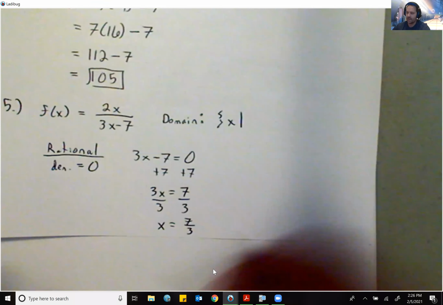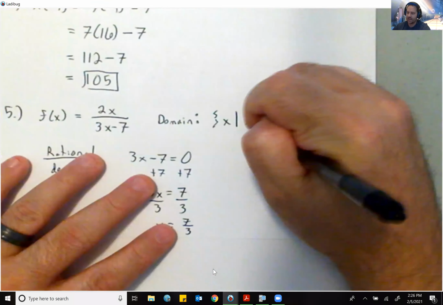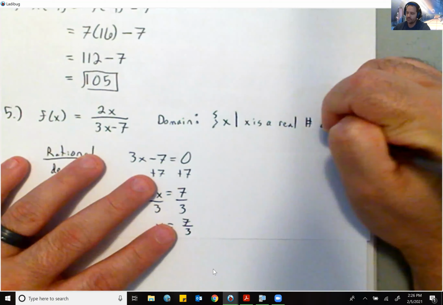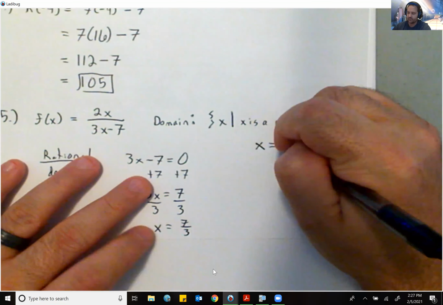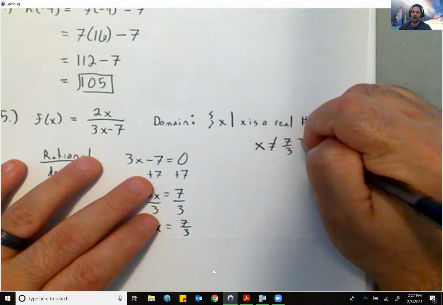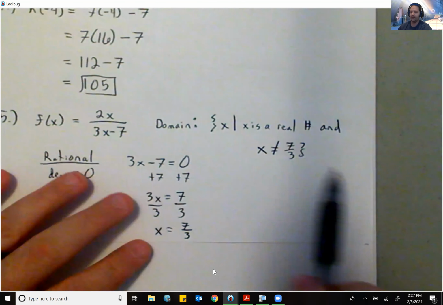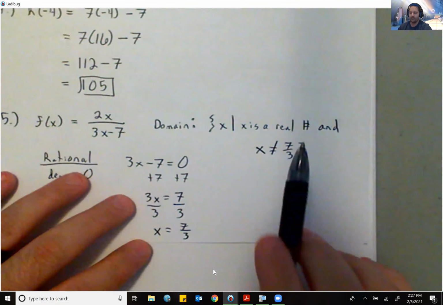So X is a real number and X cannot be 7/3. X can be whatever it wants, but this number. Does that make sense?